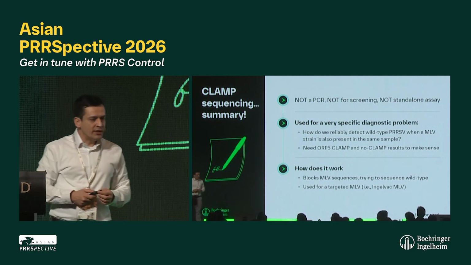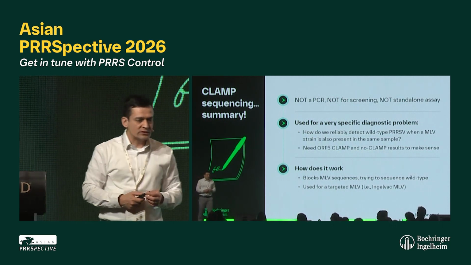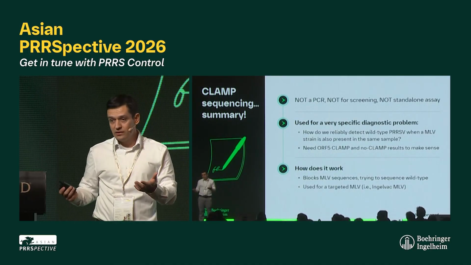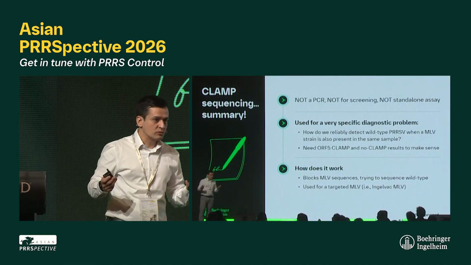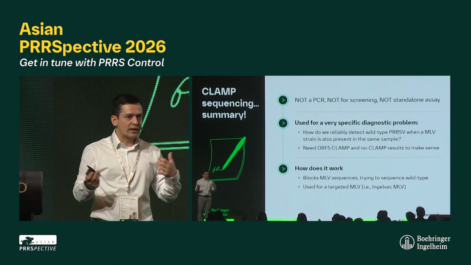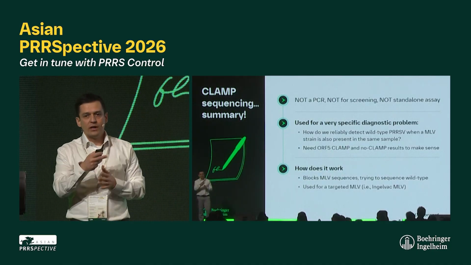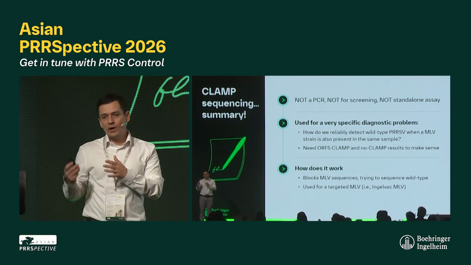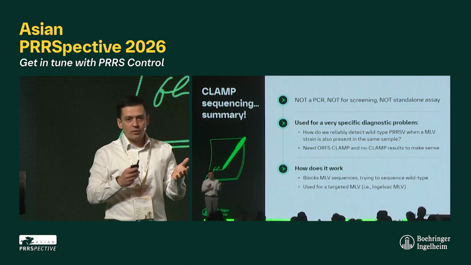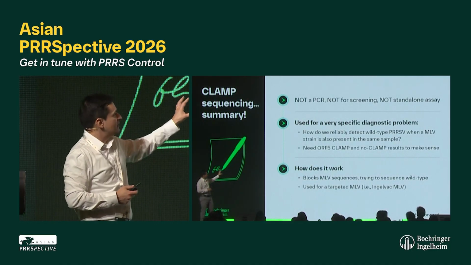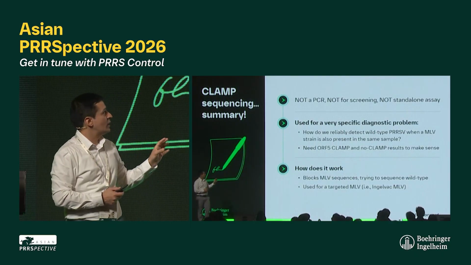So in summary here, sometimes people say clamp PCR. Clamp is not a PCR, clamp is a sequencing, right? And you perform the sequencing with and without the clamp to be able to get that 2x2 table and understand if you have wild type and MLV, or both, or one or the other. It's used for that very specific diagnostic question, right?